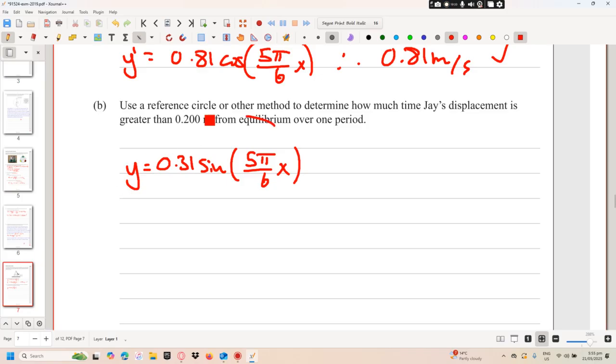just draw this graph in your graphics calculator and then draw the line 0.2 and negative 0.2.